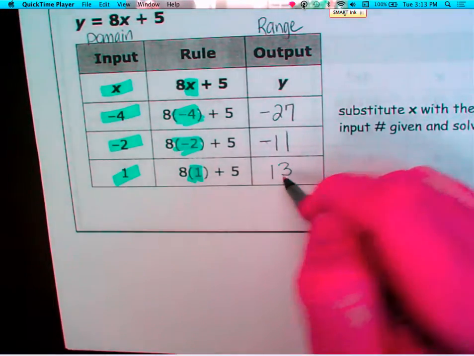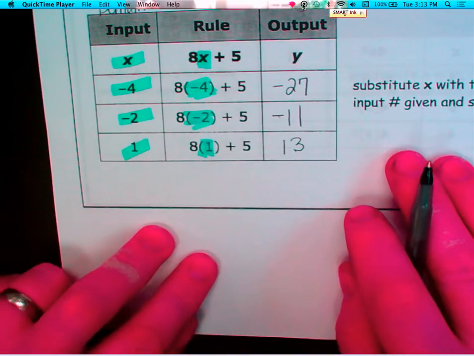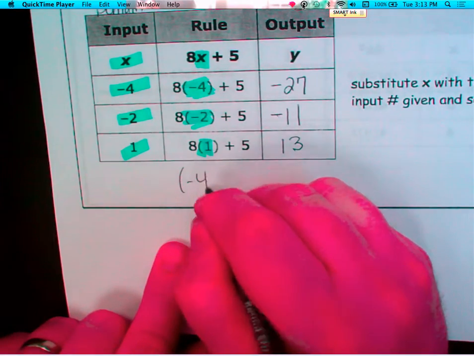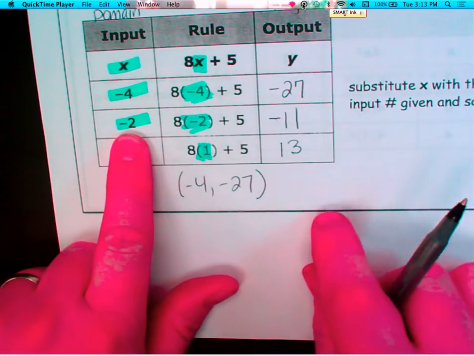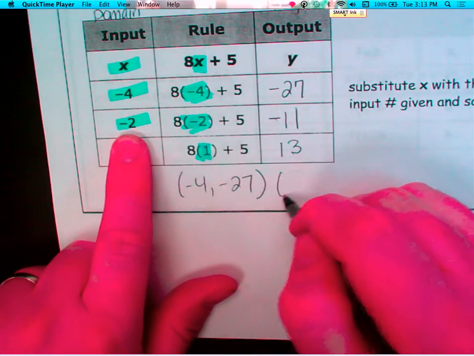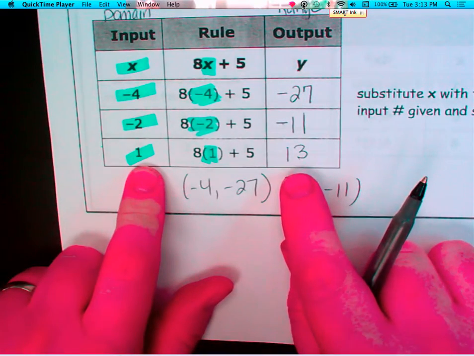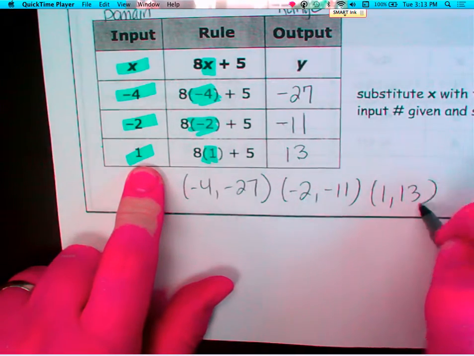Okay? Now I want you to be able to do this with me, and to write your ordered pairs. I know that negative 4 and negative 27 go together as an ordered pair. My domain negative 2 and negative 11 go together as an ordered pair. And my domain 1 and 13 go together as an ordered pair.